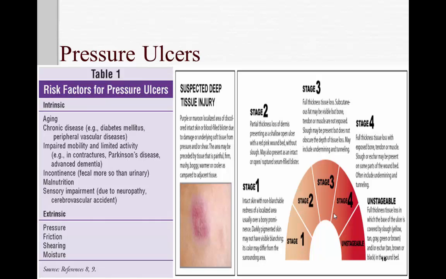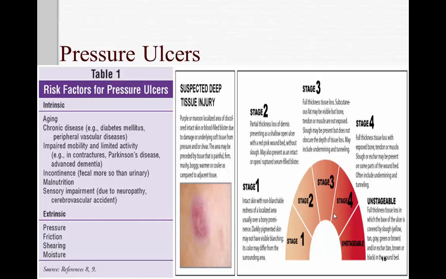Main risk factors, talking about aging, is greater than 65 years old, impaired circulation, chronic diseases such as diabetes and peripheral vascular diseases, immobilization, undernutrition, incontinence, sensory impairments such as patients that have cerebrovascular accident, diabetes, or neuropathies.